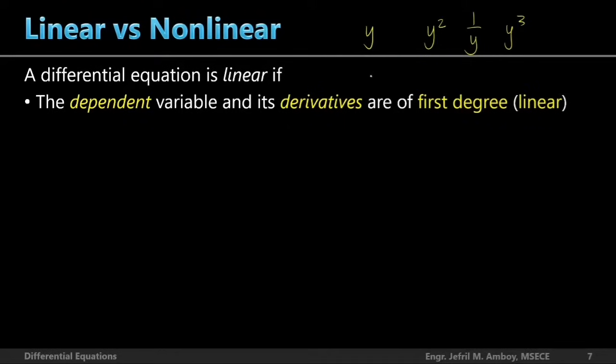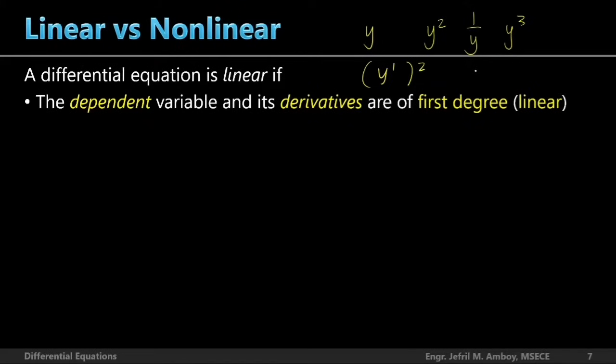So, halimbawa, yung iyong y prime ay nagkaroon ng square. Yan ay non-linear na. Bakit? Kasi yung derivative ng y ay hindi na first degree. Another important thing, dapat lahat ng dependent variable ay linear functions ang involved.